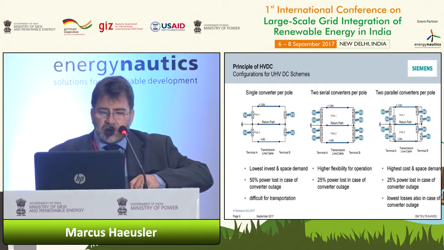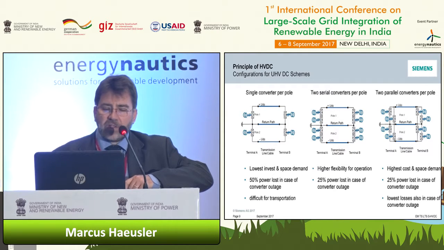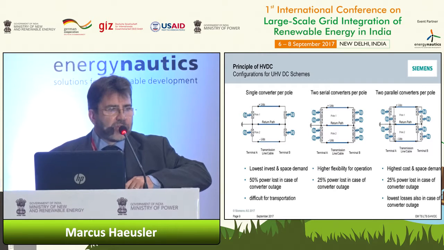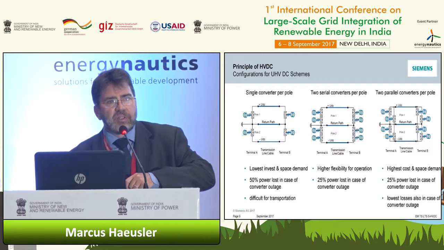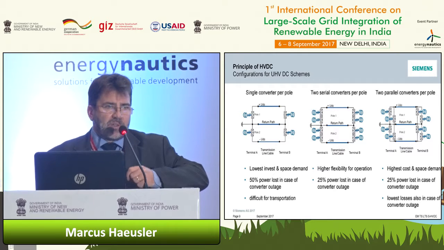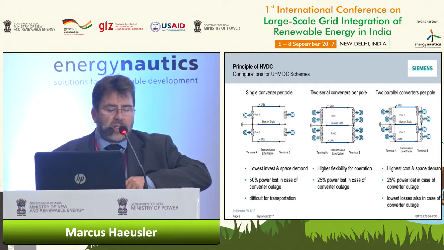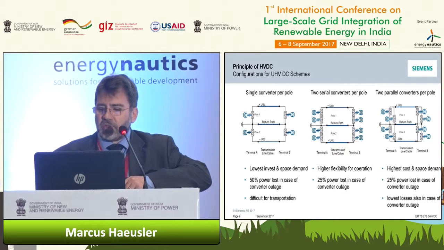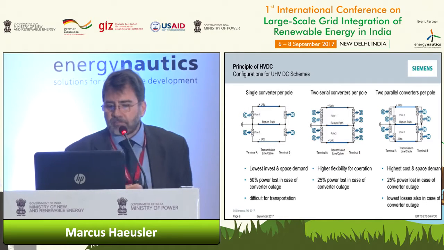This is improved, if you look at the middle and the right-hand side of the schemes, by adding additional converters, so putting in series 2 converters to form such an 800 kV converter from 2 400 kV converters in series, for example, or it could be, as you see on the right-hand side, 2 800 kV converters in parallel. The middle one is a typical scheme for how schemes are designed in China.